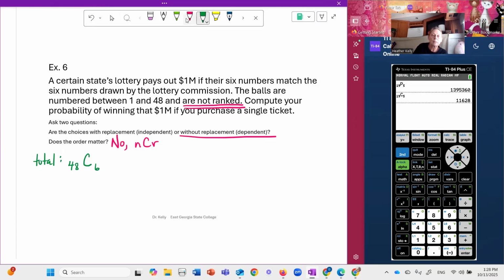And then our event is: of the 6 numbers chosen, are they the ones to match the Lotto Commission?